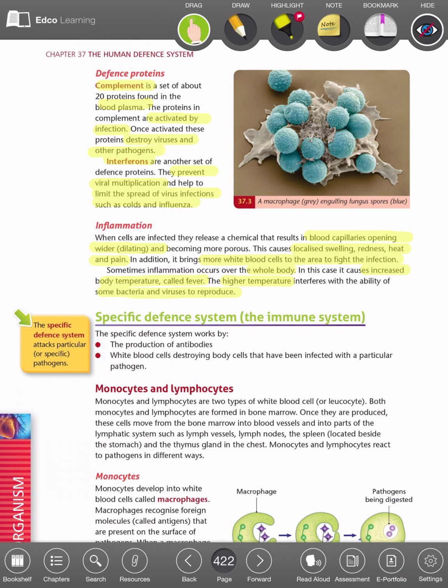In addition, defense proteins such as interferons are helping to prevent viral multiplication. And in terms of inflammation, people suffering from COVID-19 are experiencing a fever or fever type symptoms. This is a completely natural inflammatory response that is preventing the virus from overcoming the body. That is the body's natural defense mechanism to fight off the virus.